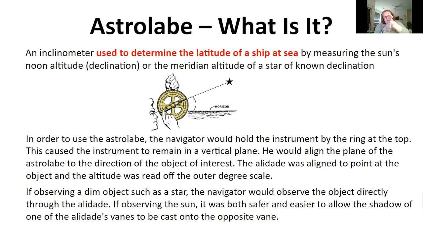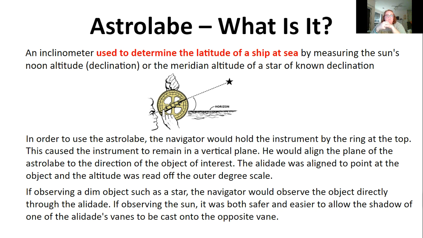So in order to use this device, the navigator would hold the instrument by the ring at the top, as you see in the picture, and this causes the instrument to remain vertical, right? And then the person would align the plane of the astrolabe to the direction of the object of interest.